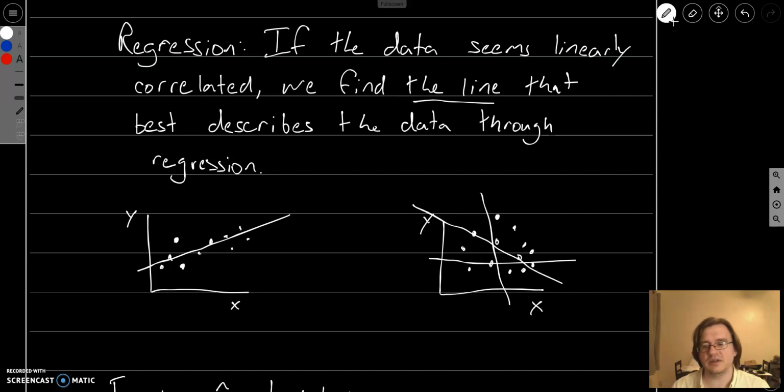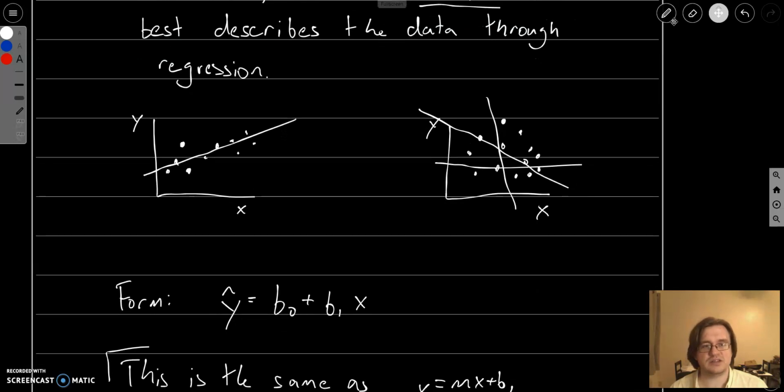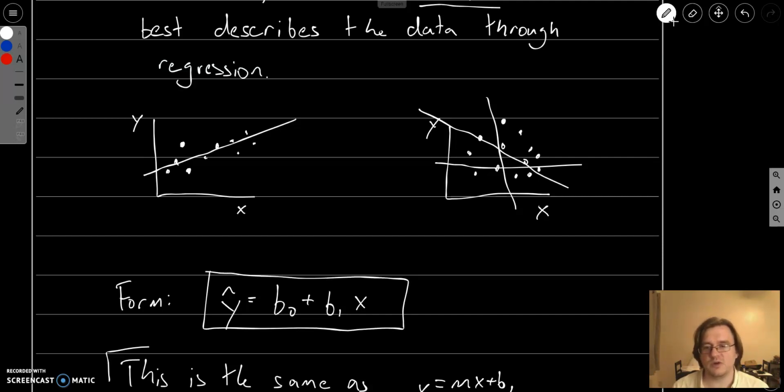So ultimately, when we have linearly correlated data, we can draw a line through it, and we can use that line to describe the data. The equation that we use will be this one, and we will see this in chapter 10. For the moment, we're not going to do much with regression. I just want to show you it now.